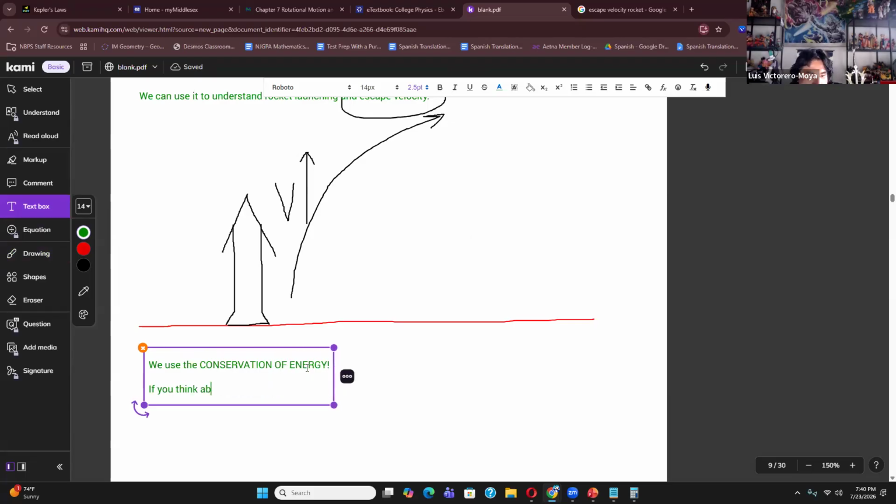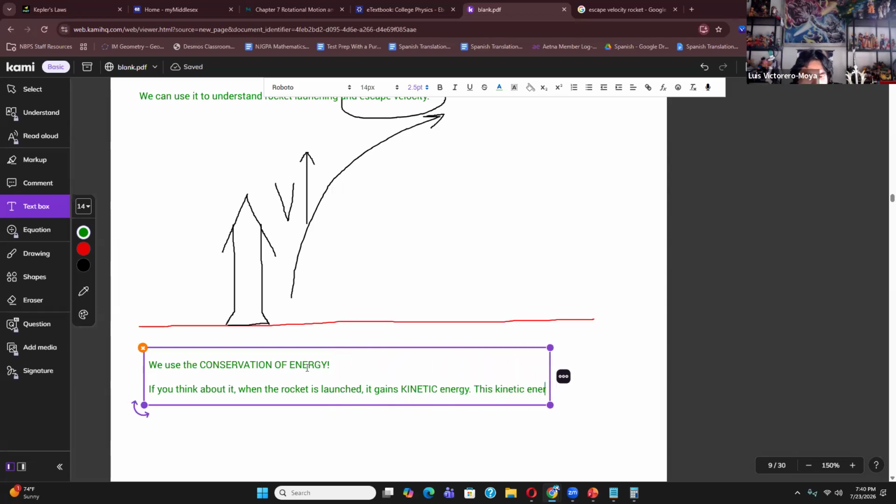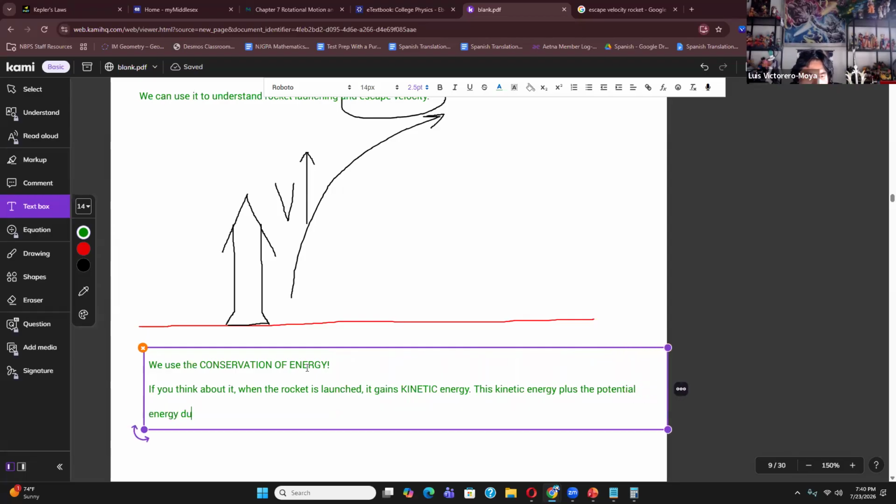If you think about it, when the rocket is launched, it gains kinetic energy. This kinetic energy plus the potential energy due to gravity of the Earth has to be equal to 0 so the rocket can escape the Earth.